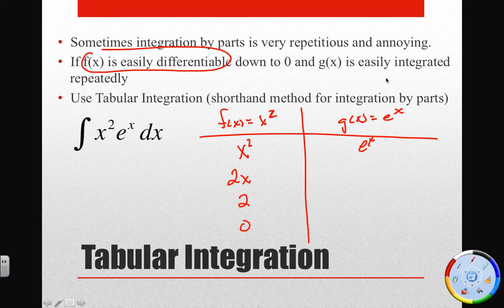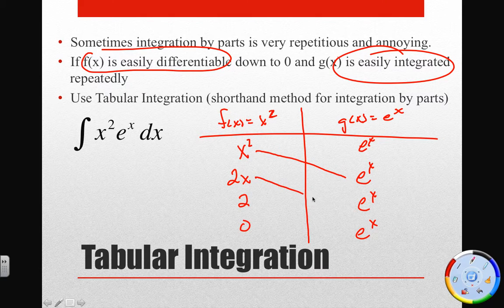For g of x, I'm going to take the integral. I get e to the x, e to the x, e to the x. And then we're going to pair up along this diagonal, and we get plus, minus, plus. This is the pattern that you follow.